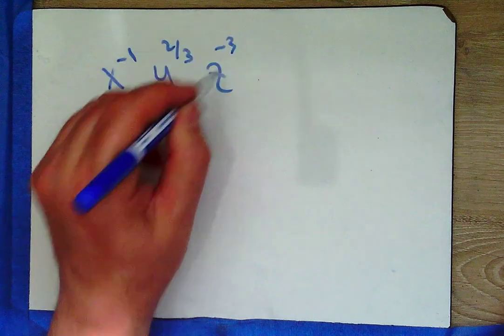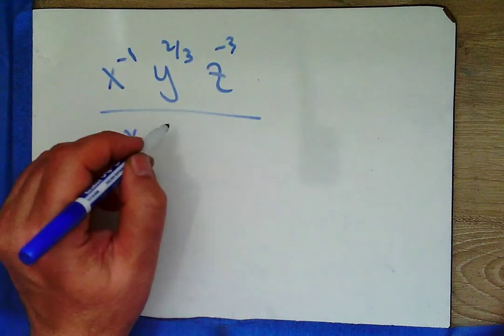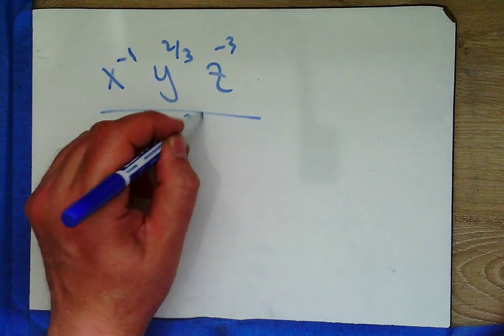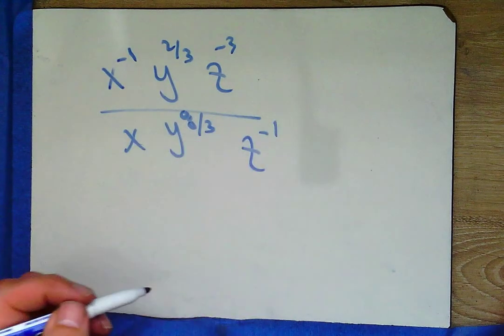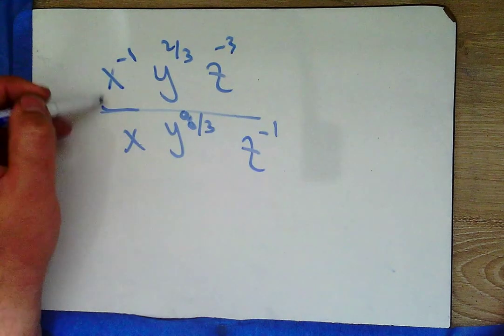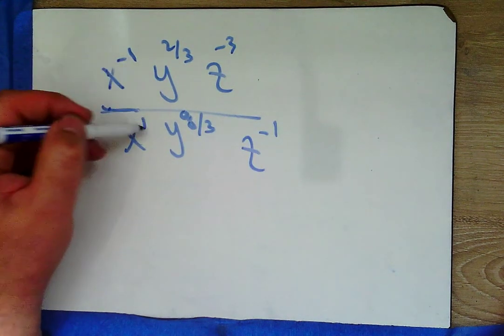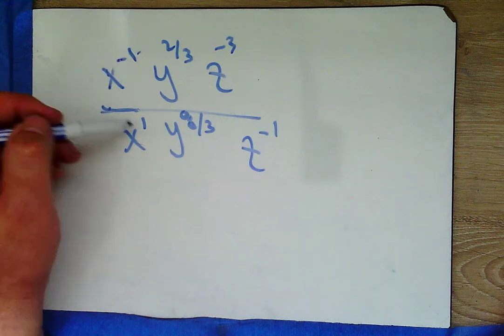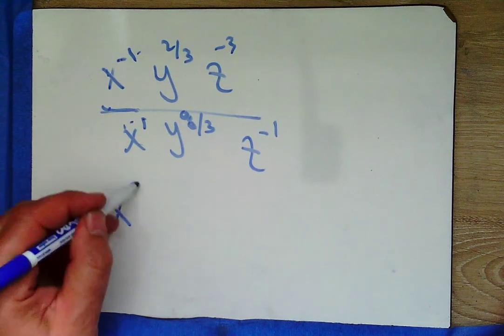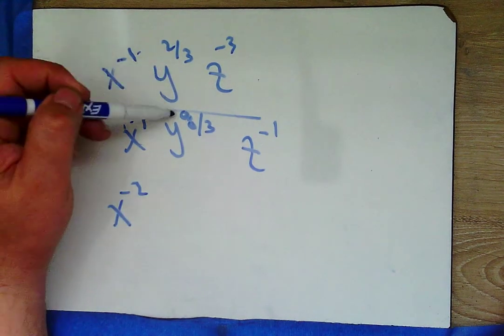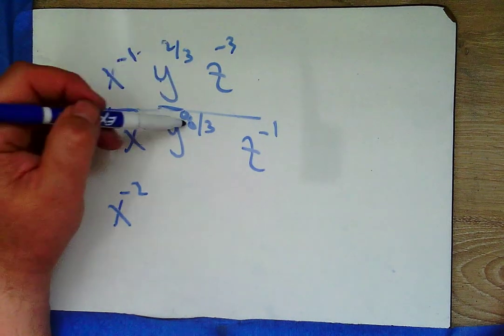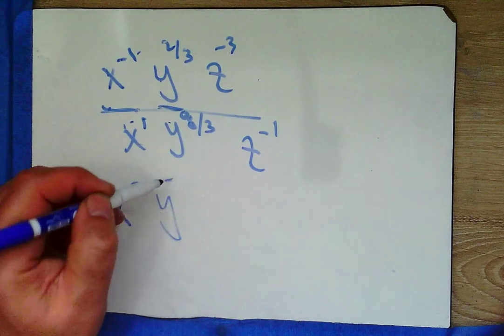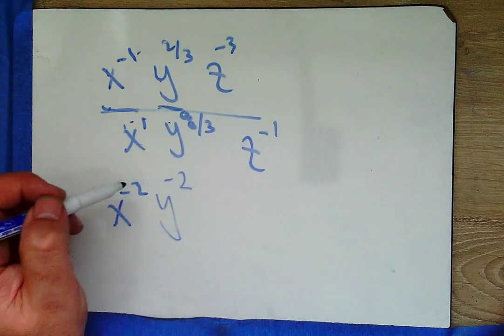I would like you to be able to see this problem and say, oh, I can simplify this expression just using my rules for exponents. When the bases are the same and I'm dividing, I subtract the exponents. Minus 1 is going to be x to the minus 2. Bases are the same and I'm dividing means I subtract the exponent. 2/3 minus 8/3 is negative 6/3, or negative 2.